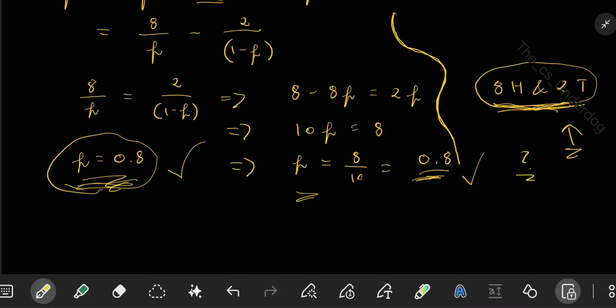That is what maximum likelihood estimate says. Likelihood is not a probability distribution. In the last lecture also we clarified, and I want to clarify again that it is not a probability distribution. It just tells you the data is more likely under p equal to 0.8 than under any other value of p. This is the whole logic.